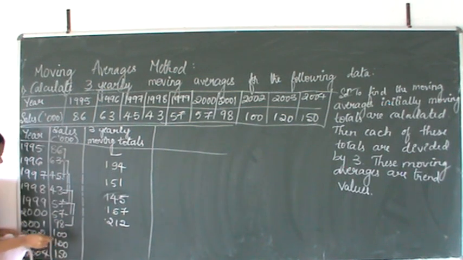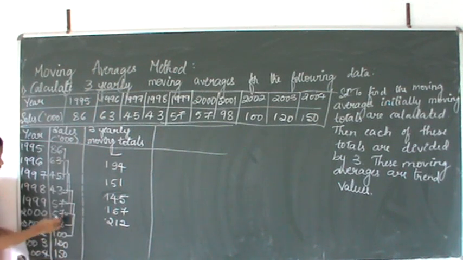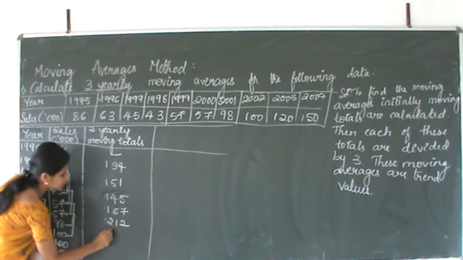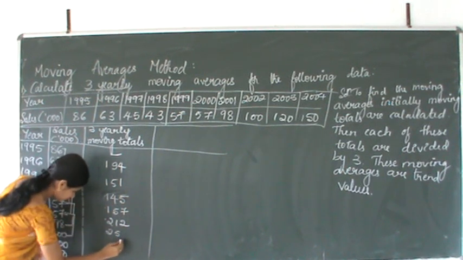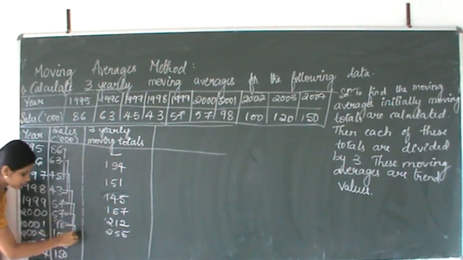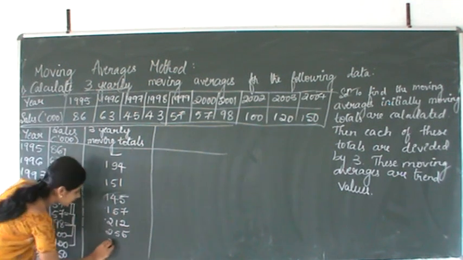You have to write it at the center. Next, starting from this 57: 57 plus 98 plus 100. It is 255. Next, 98 plus 100 plus 120. It comes to 318.